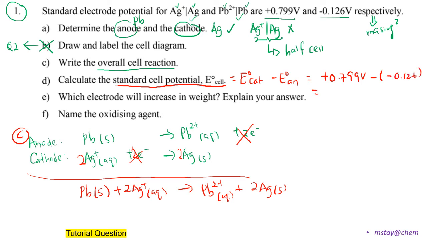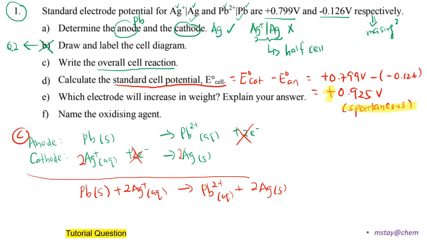When we press the calculator, we get 0.799 plus 0.126, which equals positive 0.925 volt, and this reaction is spontaneous. Always remember to highlight the sign, whether positive or negative, and whether the reaction is spontaneous or non-spontaneous.